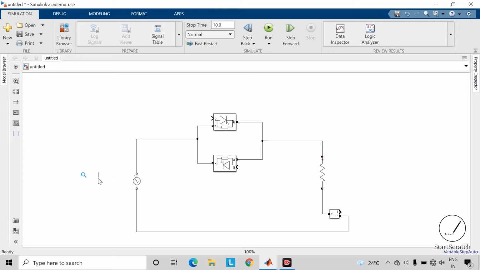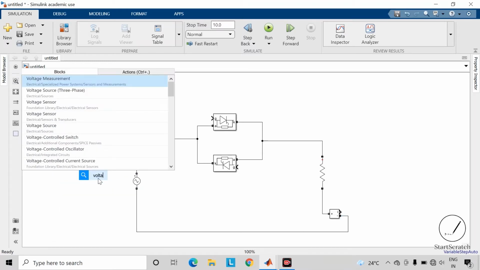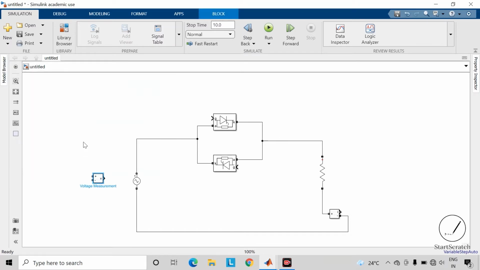Take a voltage measurement block and connect this block across input side and across the load side.